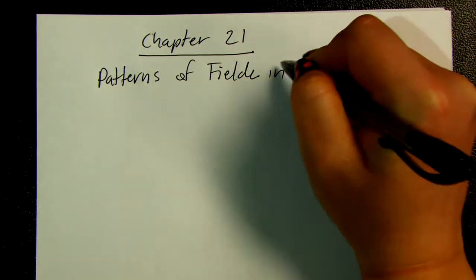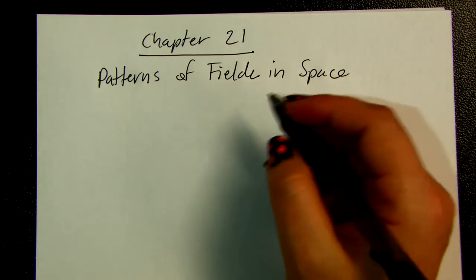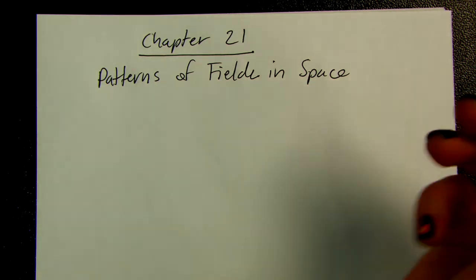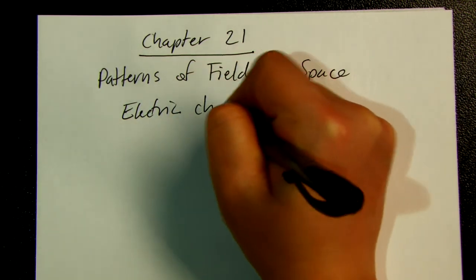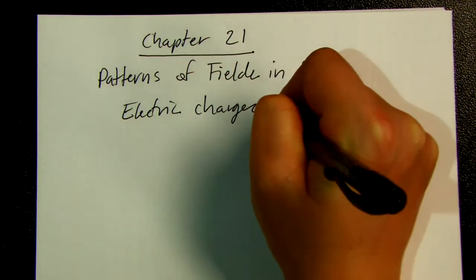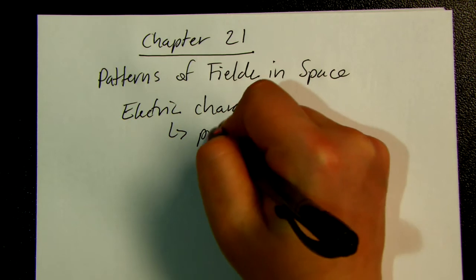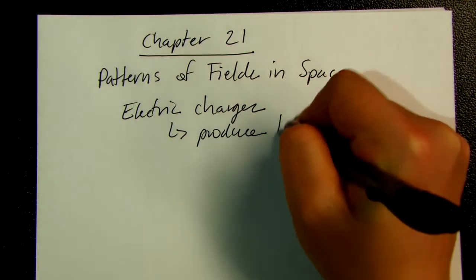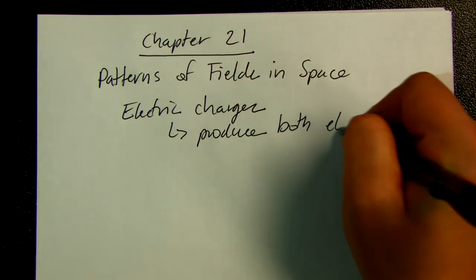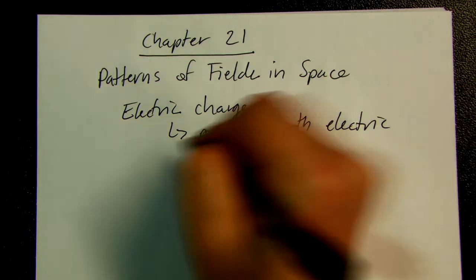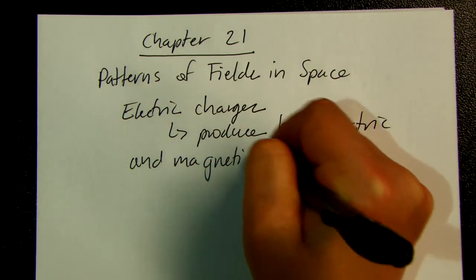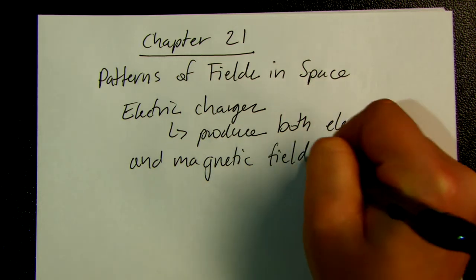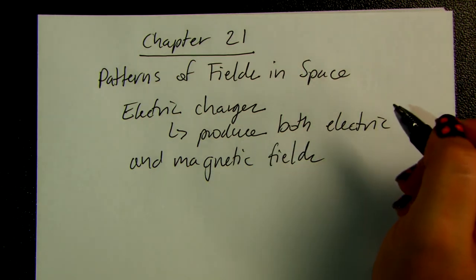All right, so we know a couple things about electric charges. We know several things about them, actually. They're really cool. They produce both electric and magnetic fields. Of course, they need to be in motion to produce a magnetic field.